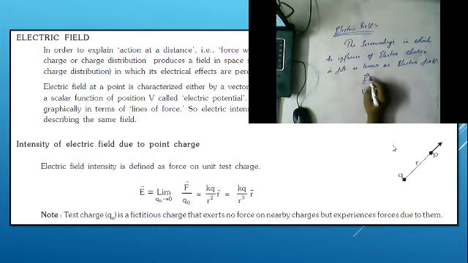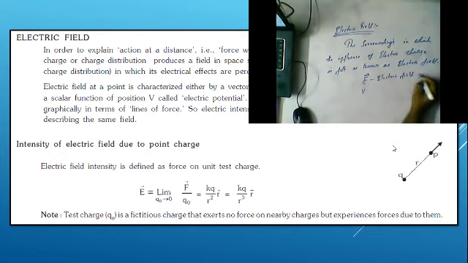This E bar is also called electric intensity or electric field intensity, and the scalar one is electric potential.